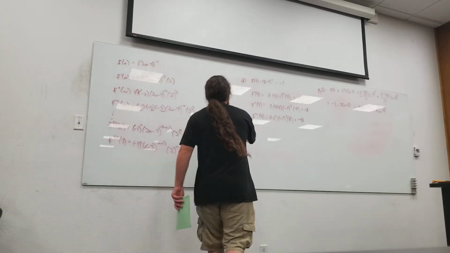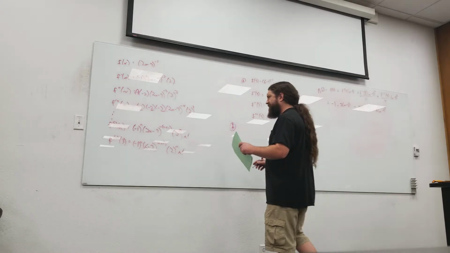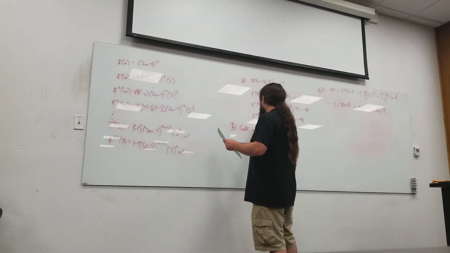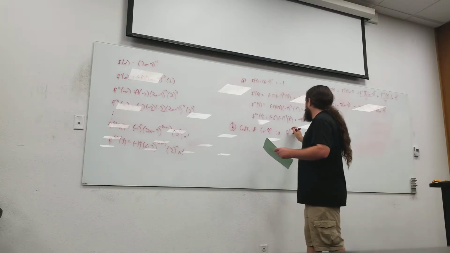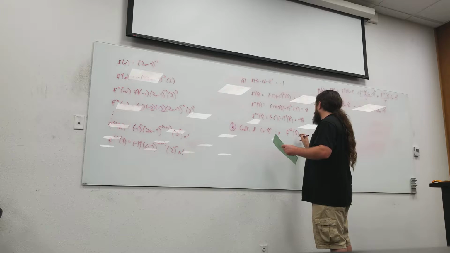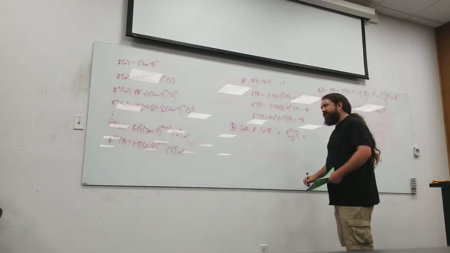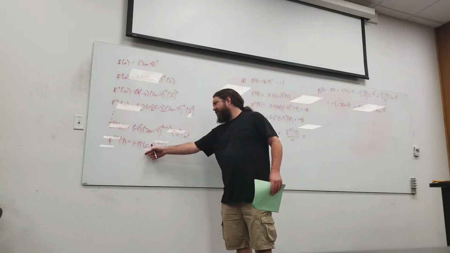Let's see what I've got to do. Definition of the Taylor series: I know the coefficient of x minus 3 to the n is the nth derivative at 3 divided by n factorial. Now what's happening with my negatives here? This is 6 minus 7, which is negative 1.